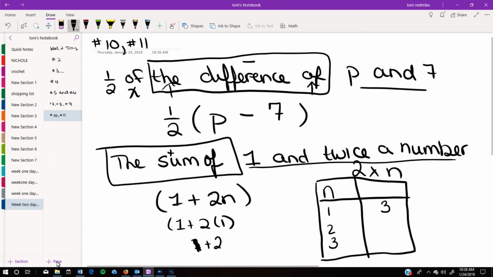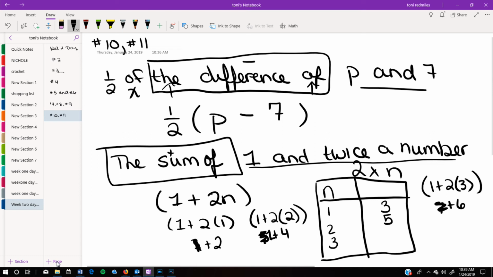All right, let's try it again with a 2 in it. 1 plus 2 times 2, which is 4, plus 1, which is 5. Okay, one more. We're going to put 3 in. So 1 plus 2 times 3, so the 6 plus 1, which equals 7. So all of our answers came out odd.